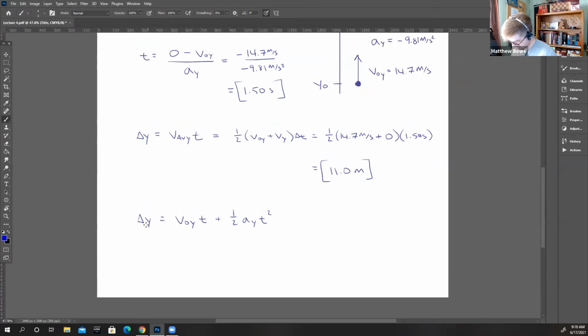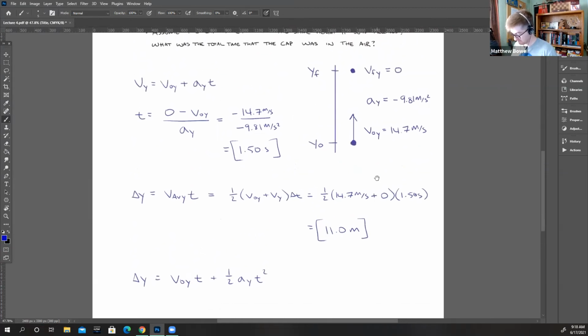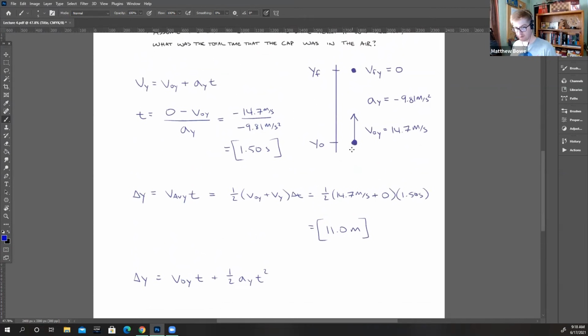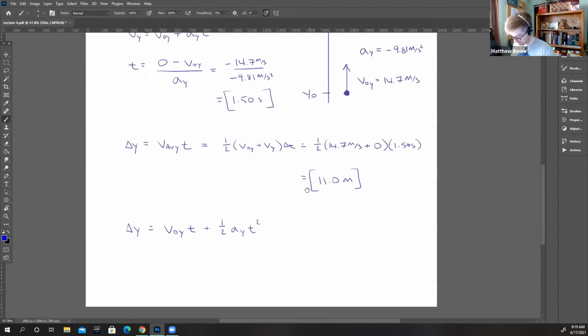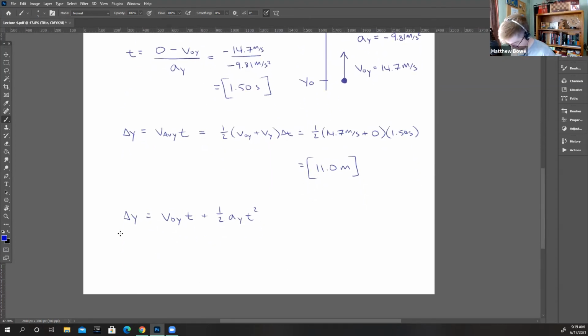Its change in height is going to be 0, because it started here, went all the way up, and then all the way back down to the same exact height. So its displacement, its delta y, is 0.